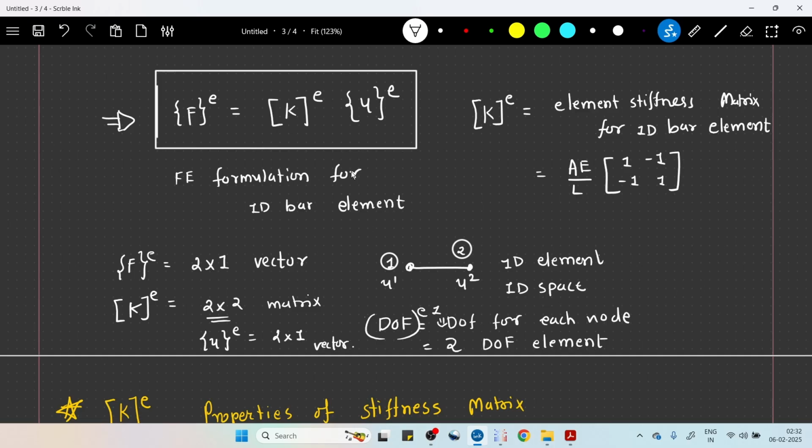If the structure or the member is represented as an equivalent spring, we can easily find the force displacement relationship, and we can easily solve the problem. So that's it for this video.